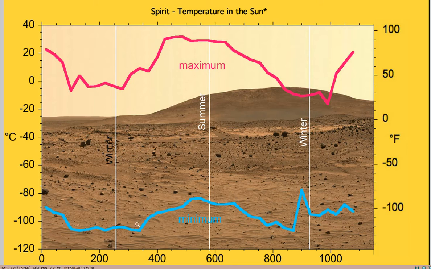Winter, summer. So at least during the summer you do get up here to, on the Fahrenheit scale on the right here, it looks like it's almost 100. But at night it's horribly cold, probably around up to a minus 150. Well, actually it's minus 120 in some cases.